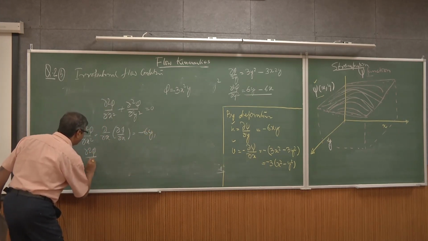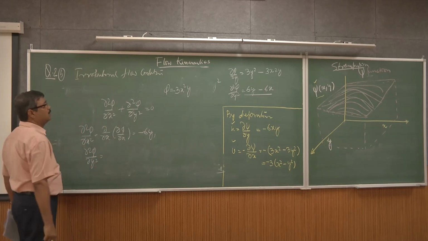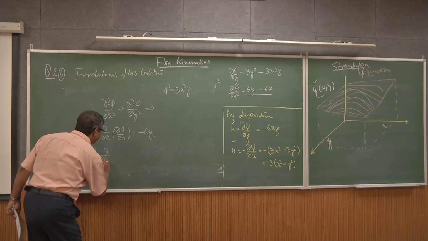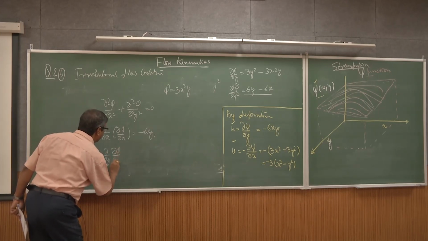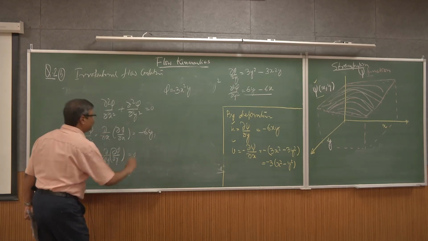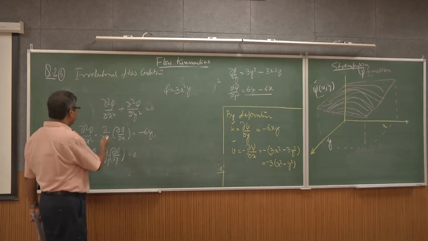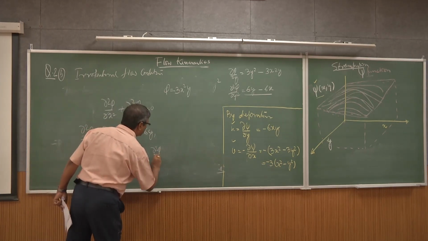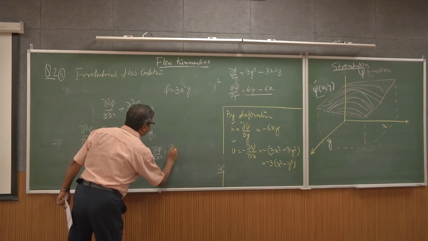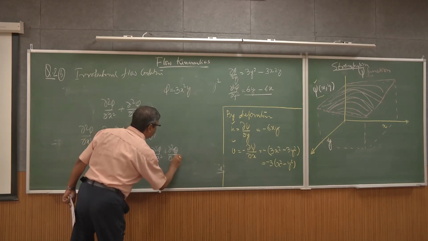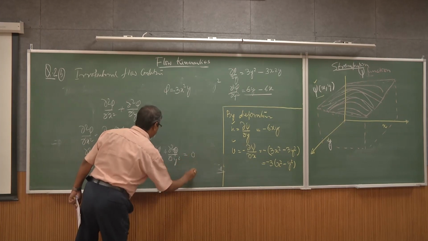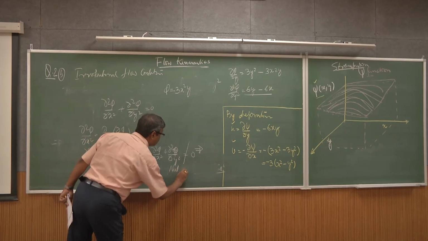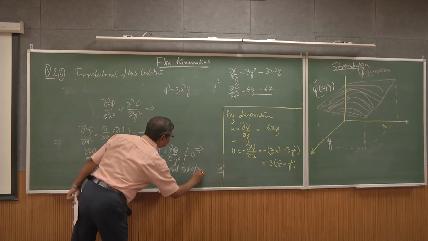In a similar way, since only the first order of y is there, I can easily say this becomes 0. So, if you look at these two terms, minus 6y and 0, the Laplace equation after substituting will not be equal to 0. So, it's not satisfied.